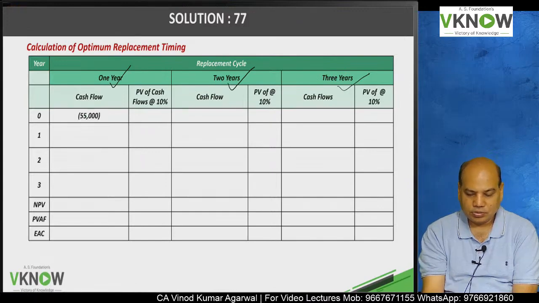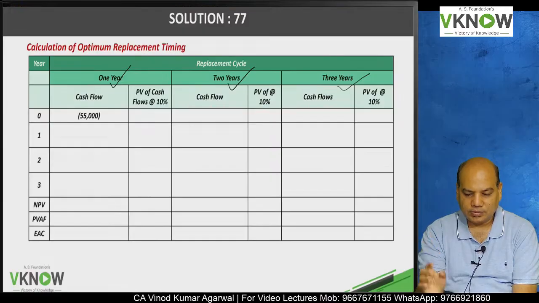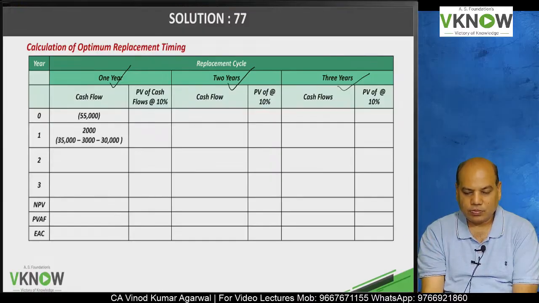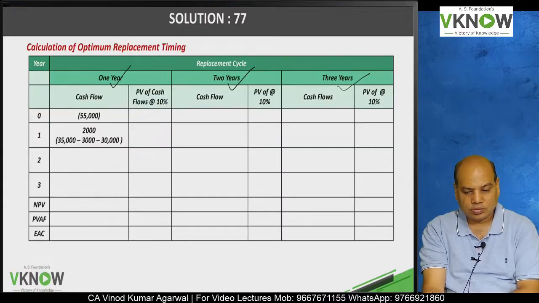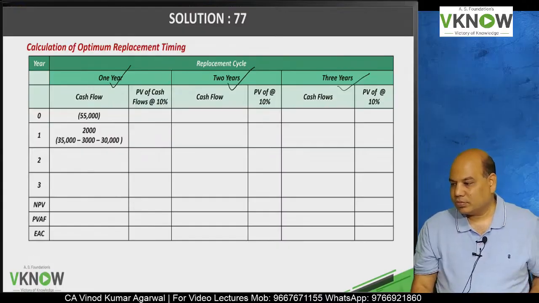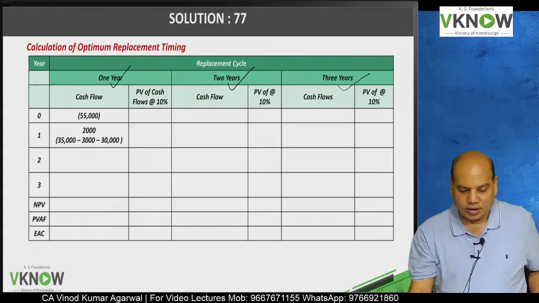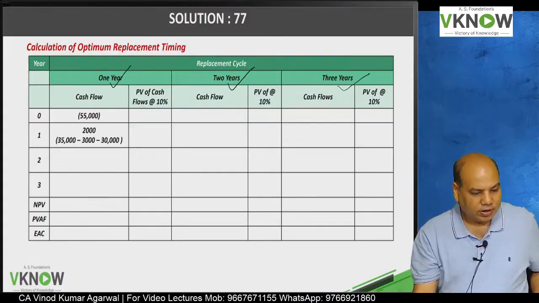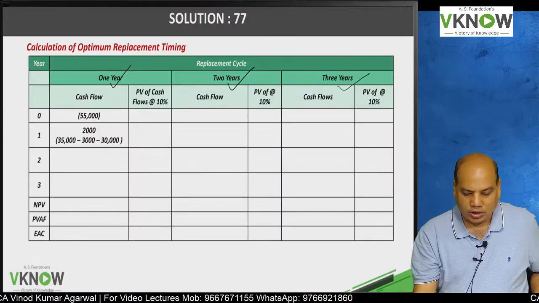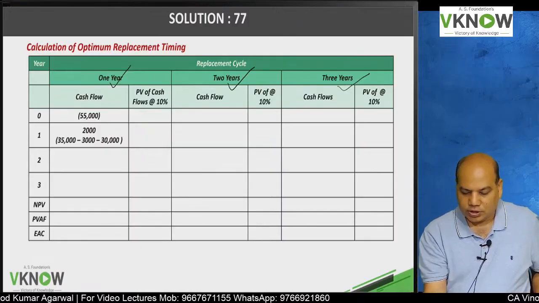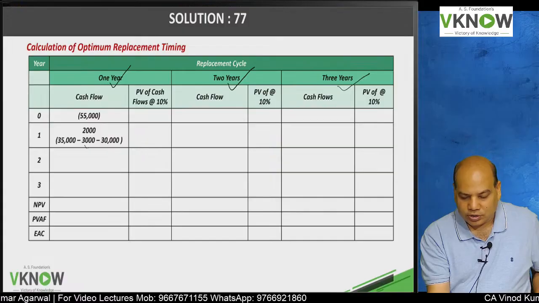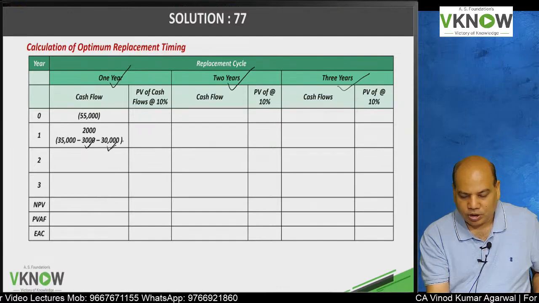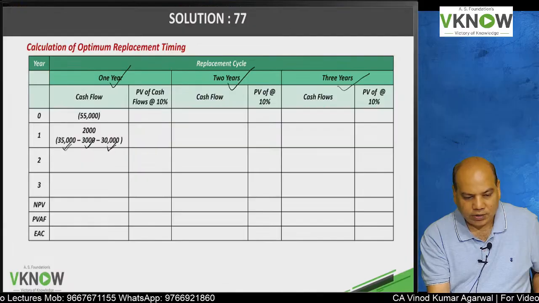Suppose I replace every year, my cash flow in year 0 will be 55,000, the cost of the machine. In year 1 I will incur 3,000 road tax and 30,000 petrol repair, and I will get 35,000 rupees salvage value.